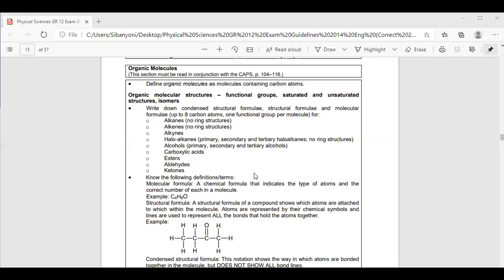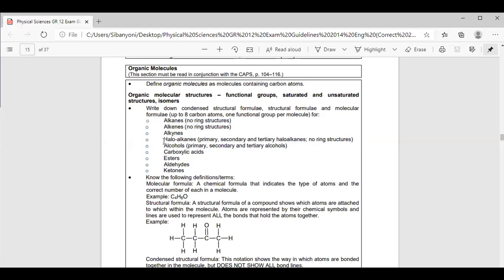Then we are going to look at different homologous series, and I have highlighted them there for you. Your alkanes, your alkenes, your alkynes, your haloalkanes, your alcohols, your carboxylic acids, your esters, your aldehydes, as well as your ketones.